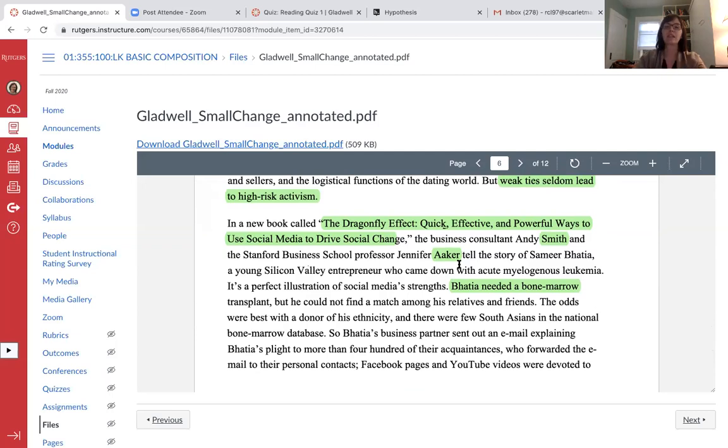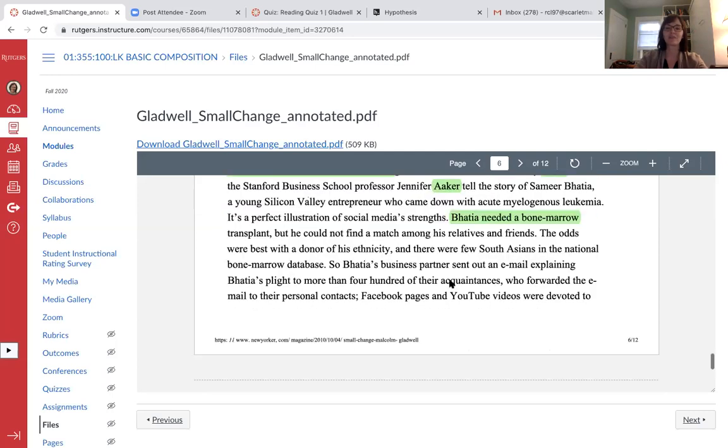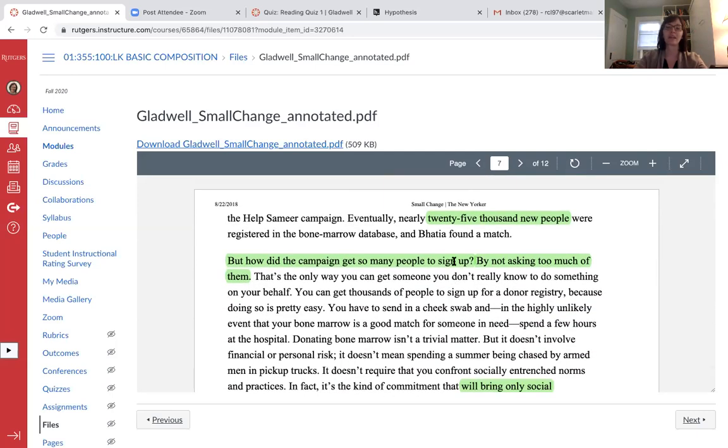Here, The Dragonfly Effect: quick, effective, and powerful ways to use social media to drive social change. In other words, Smith and Aaker, as digital evangelists, think that social media is an effective and powerful way to drive social change, so they view it positively. And they give the example of the Help Samasource campaign.